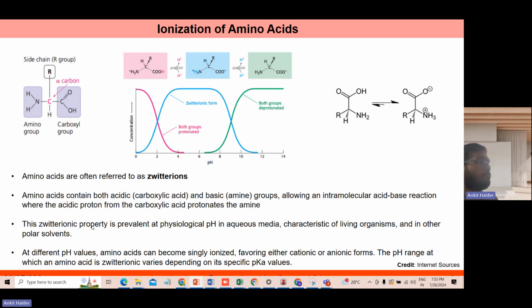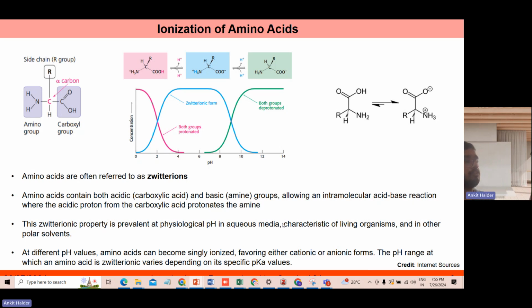This Zwitter ionic property is prevalent at physiological pH in aqueous media, characteristic of living organisms, and in other polar solvents. At different pH values, amino acids can become ionized, favoring either cationic or anionic forms.